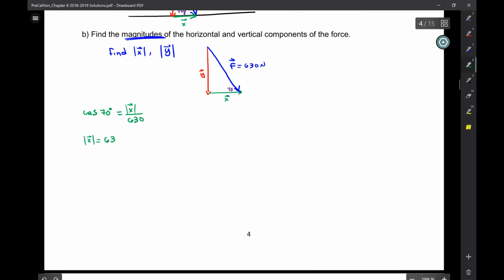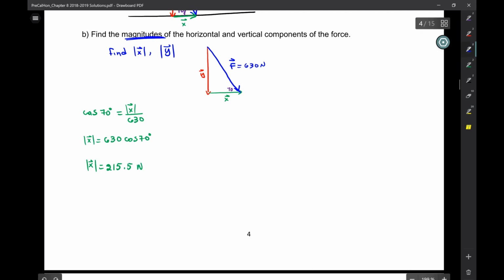X is equal to 630 cosine 70. When we put that in the calculator, what do we get? Make sure your calculators are in degree mode. Tell me what you get. 215.5. This is still a component of the force, so it has the same units as the force.